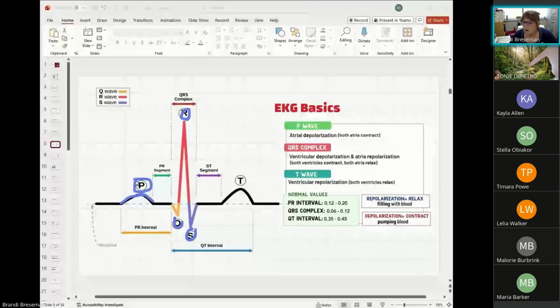Now, while our ventricles are contracting, our atria are relaxing. So what's going on underneath all of this is that your atria are also repolarizing. So the ventricles contract, the atria relax. And that's what's going on when we look at the QRS complex.